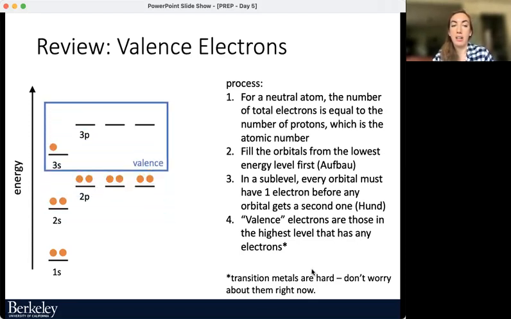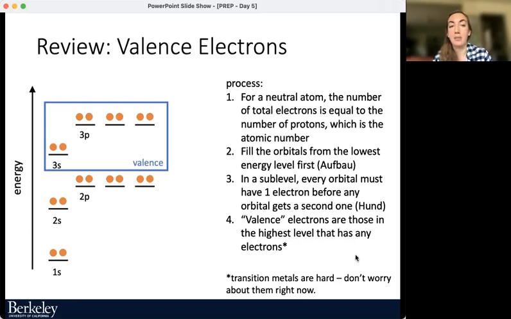So then when we add 1 more electron, we move on to sodium. And now our third energy level is our valence shell. So sodium has 1 valence electron and 10 core electrons for a total of 11 electrons. And so we can keep filling. And now this is argon, which has a full 3rd level valence shell.